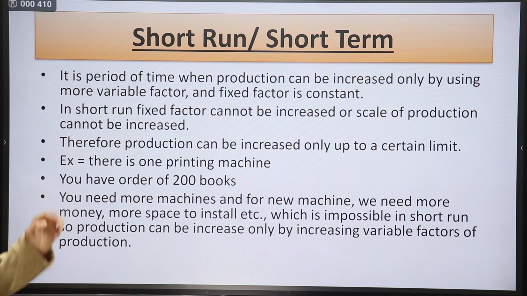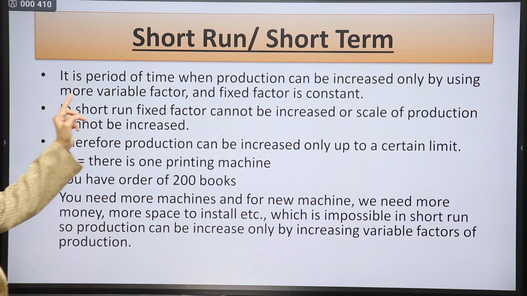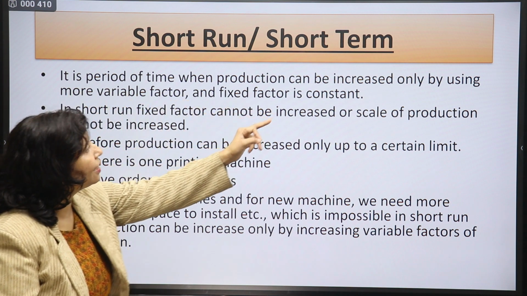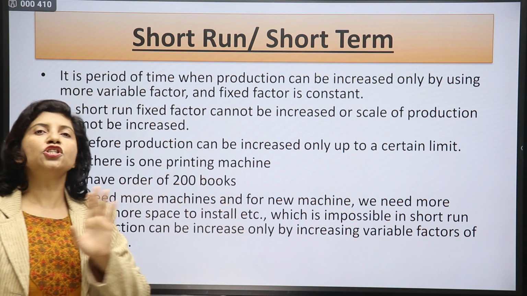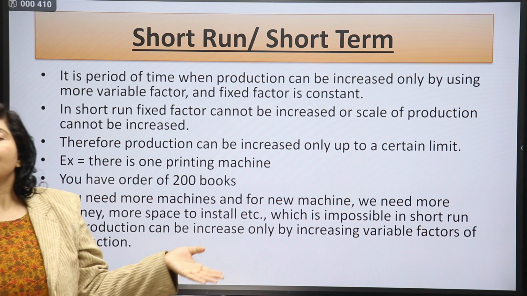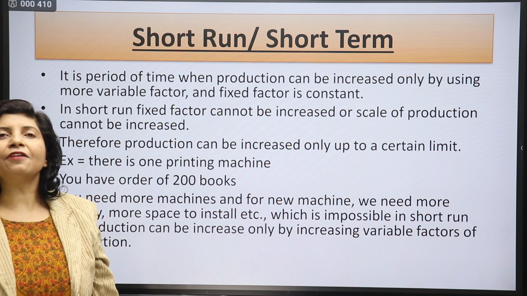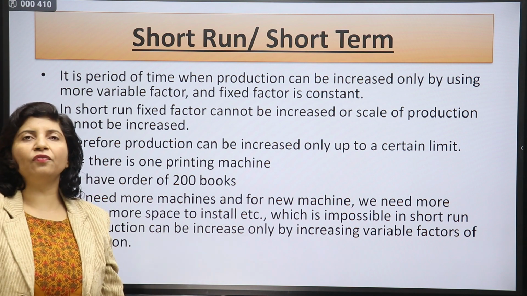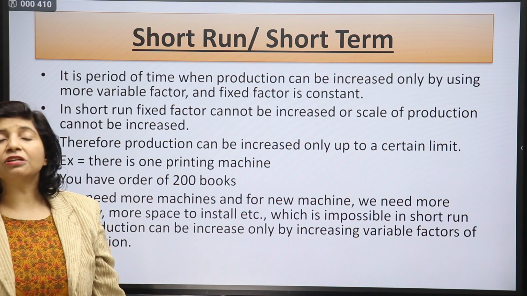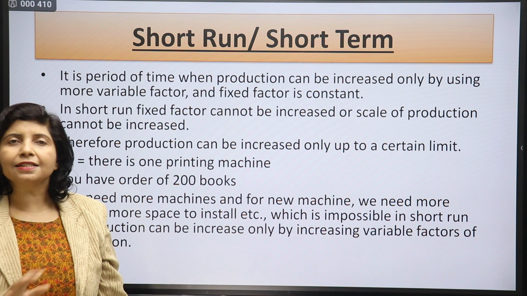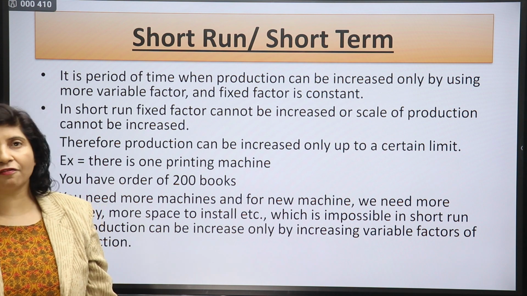Short run or short term, what is that? It is a period of time when production can be increased only by using more variable factors, and the fixed factor is constant. In the short period, take for example, we have one printing machine over here. If anyone says that after 2 weeks you print 1000 books, we can't do that because in the short term we can't change our machines or build a new factory.